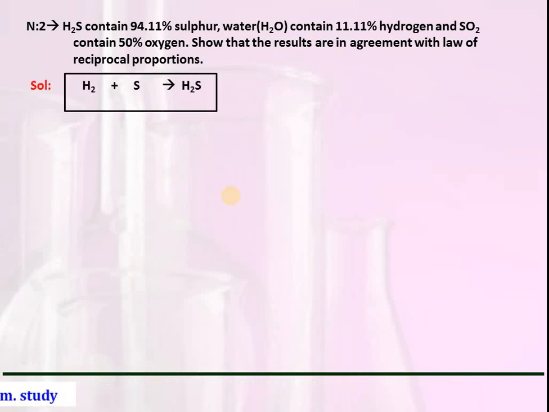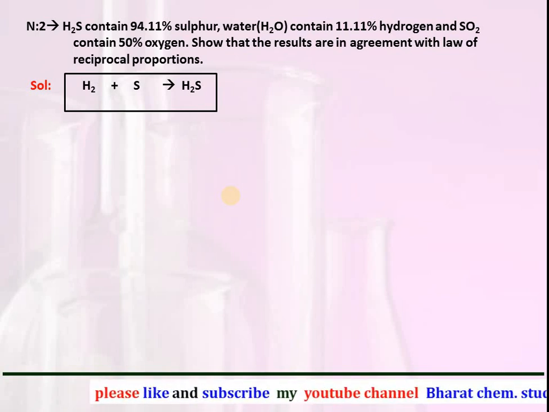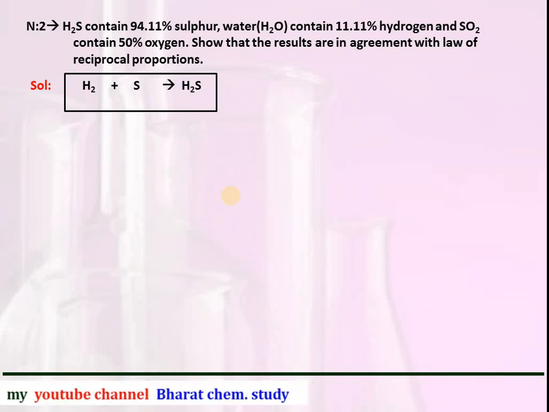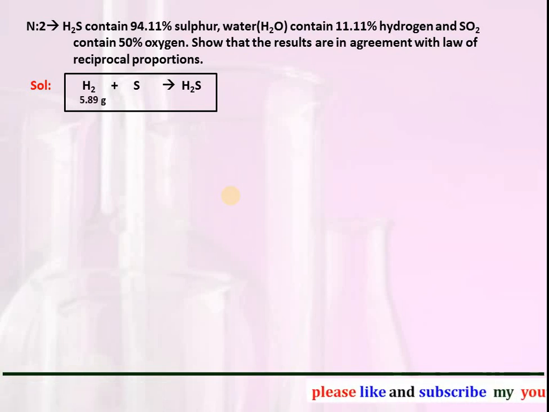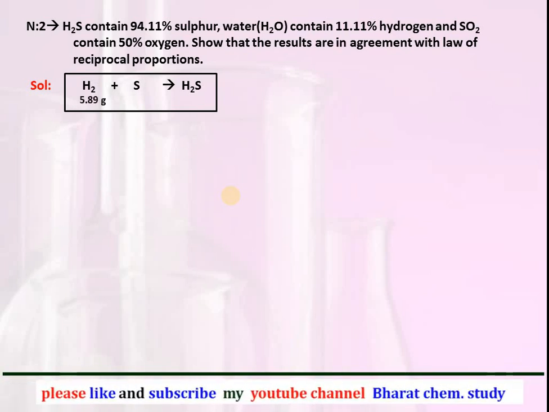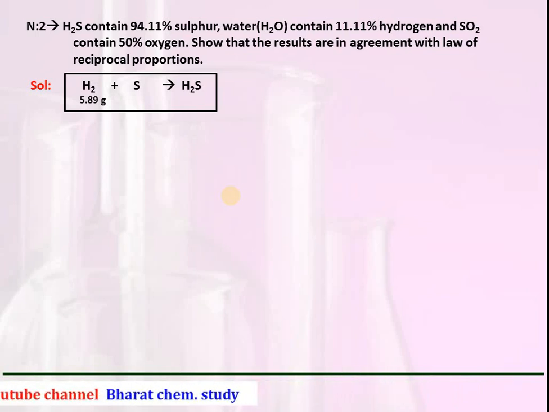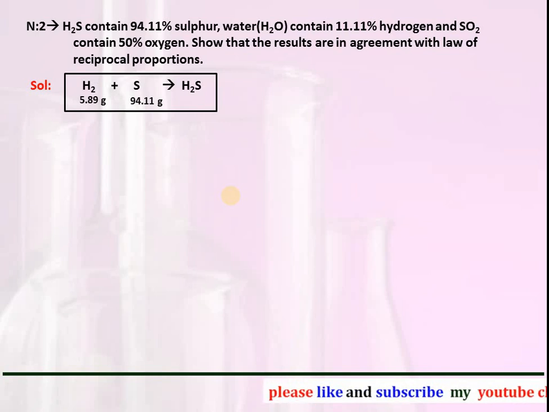H2S is formed by the reaction of hydrogen and sulfur, and the masses of hydrogen and sulfur can be calculated. Mass of sulfur is given in percentage, therefore we can take the mass of sulfur as 94.11%, and the mass of hydrogen can be calculated by subtracting the mass of sulfur from 100, which comes to be 5.89 in H2S.